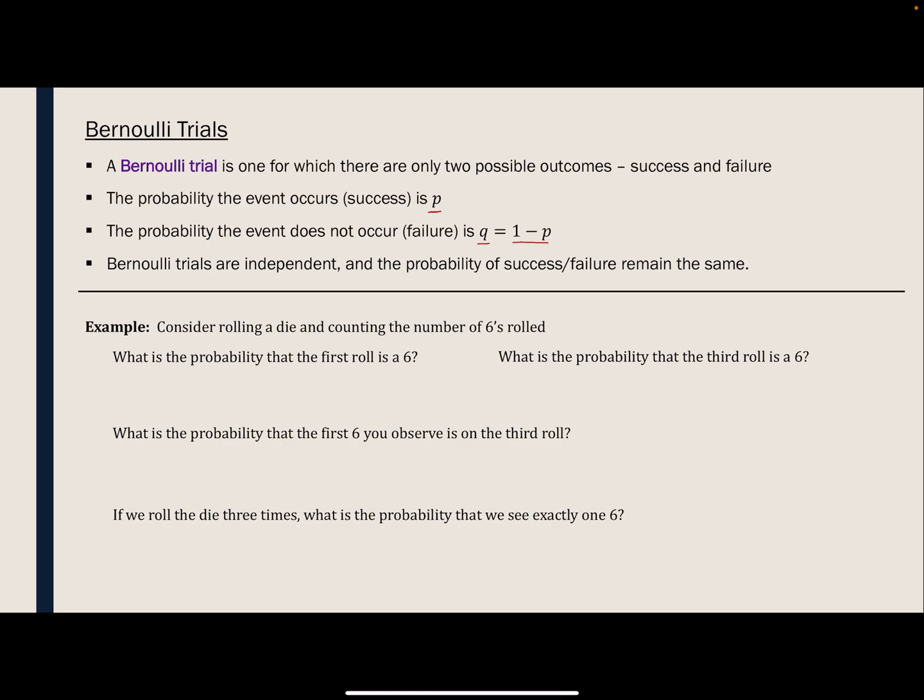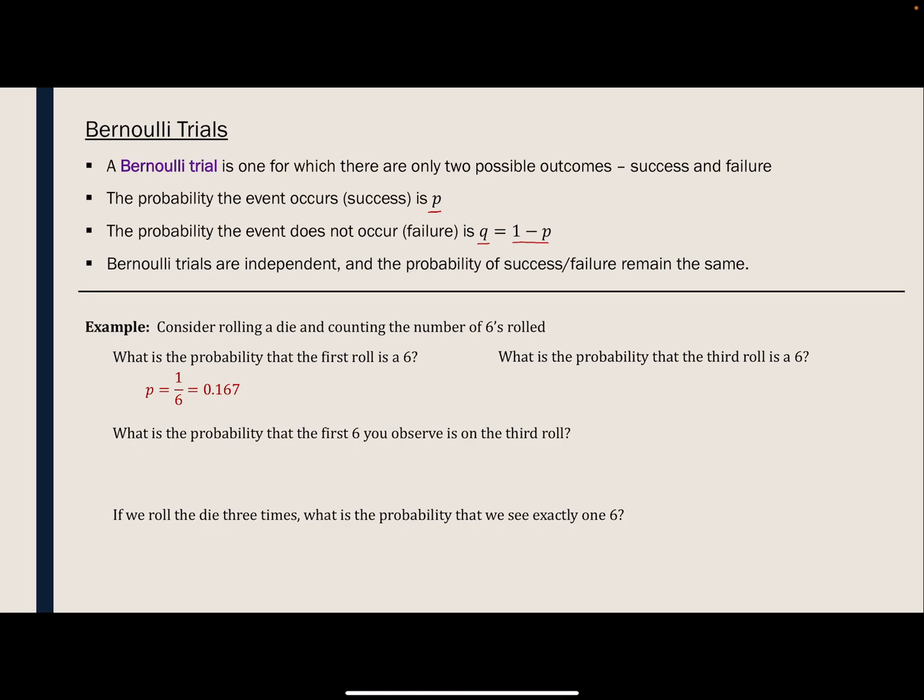The success will be seeing a 6, and failure will be seeing some number other than 6, which means our probability of success will be 1 out of 6, and our probability of failure will be 5 out of 6. The first question says, what is the probability that the first roll is a 6? Well, it's just the probability of success, which is 1 out of 6.